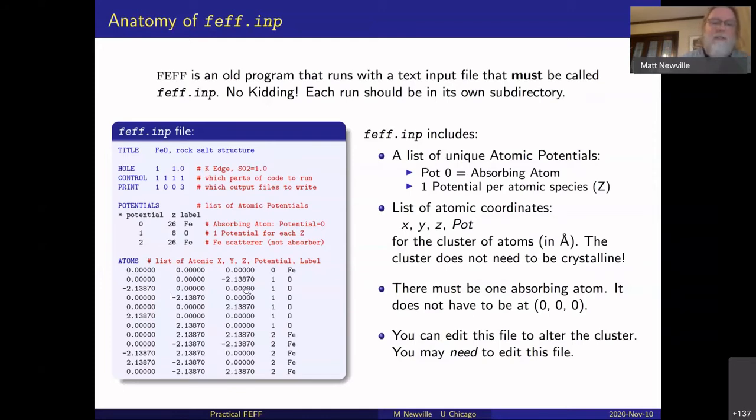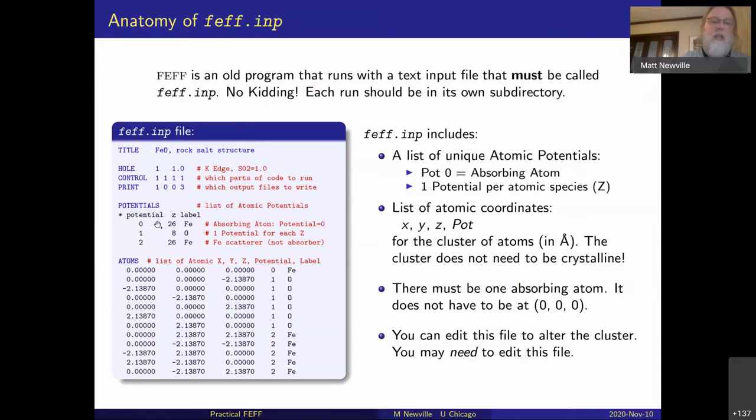You can change the distances. There are other things you can do. If you want to say, I don't want to simulate iron oxide, I want to simulate nickel in iron oxide, or maybe arsenic in iron oxide, you could generate this file, and I'll talk about that in a bit, and then say the absorbing atom is not iron. It's the iron oxide structure, but the absorbing atom should be arsenic.